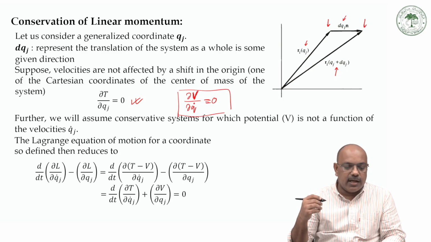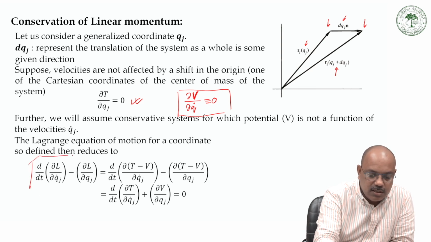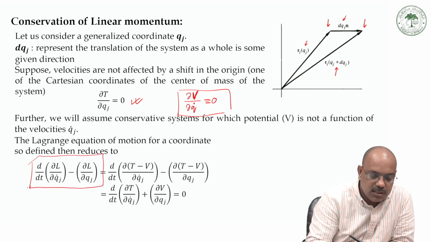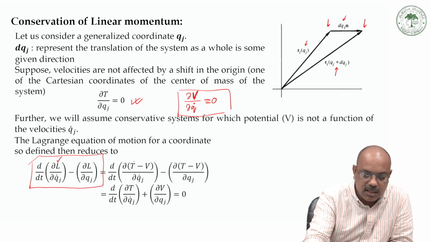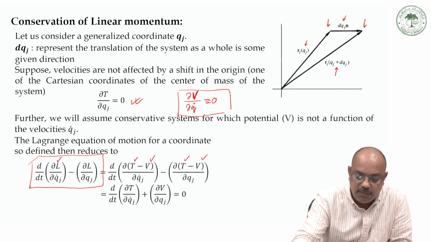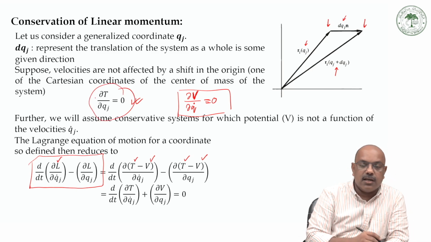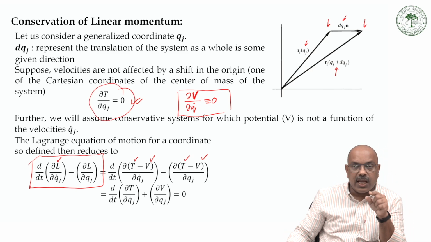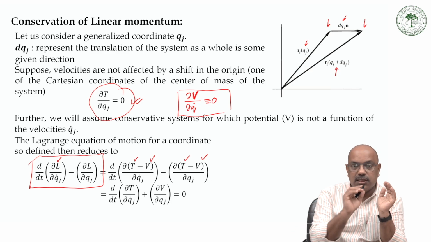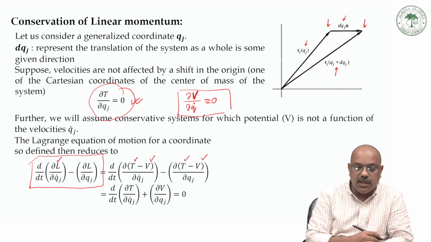Since this is my Lagrange equation, and L contains T and V, kinetic energy and potential energy. But the first condition we put is that the kinetic energy is independent, it is not changing with the translation of the generalized coordinate.